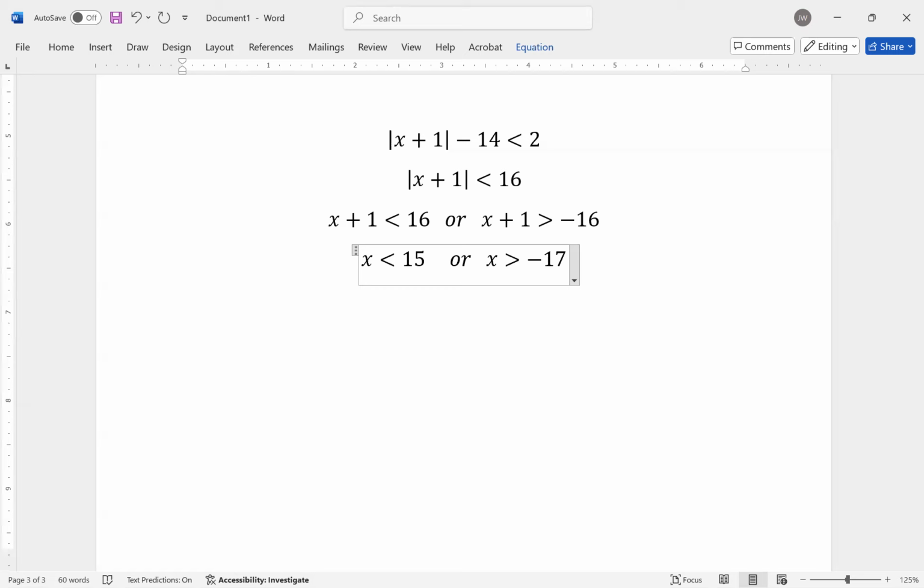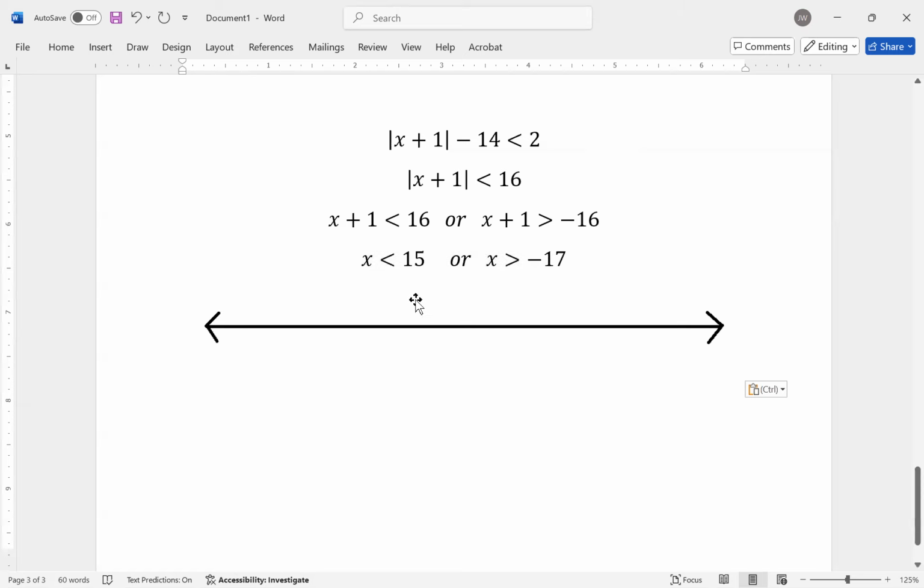Now I have to think about how these two interact on the number line. So once again, if I have a number line, we have two numbers that are of interest to us, the -17 and the 15.